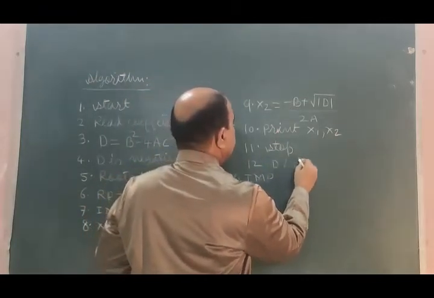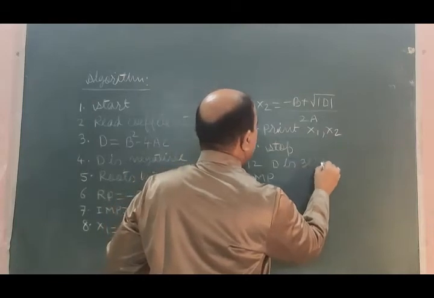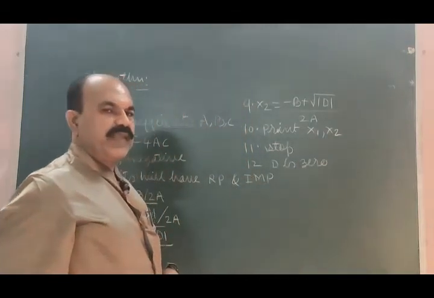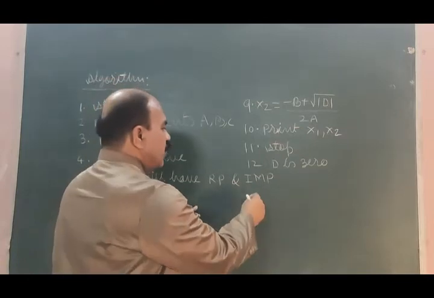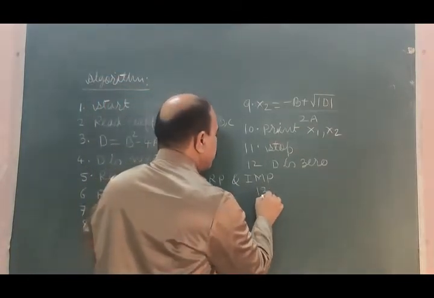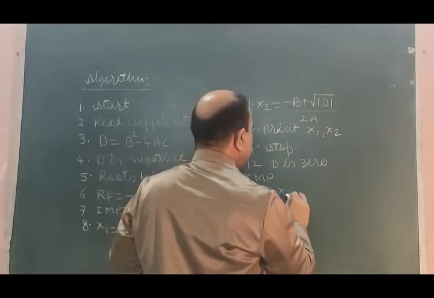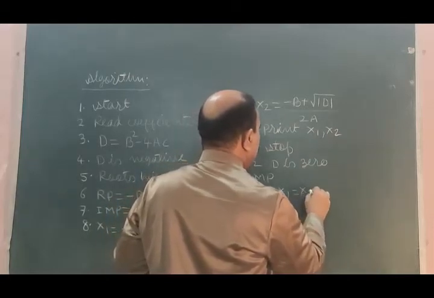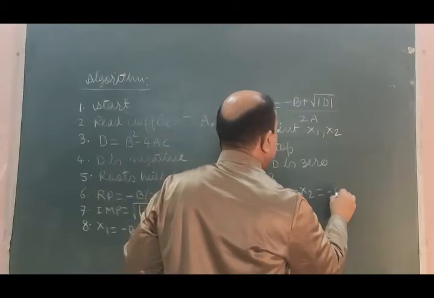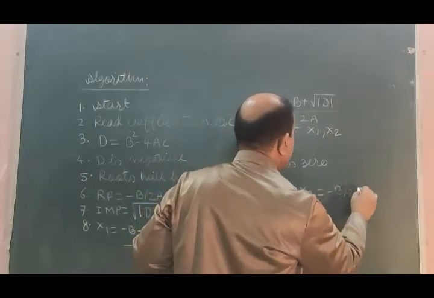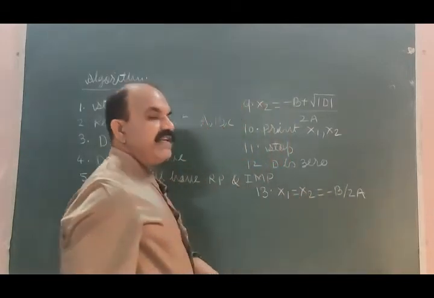Second possibility, D is 0. If D is 0, what will happen? x1 is equal to x2 is equal to minus b divided by 2a.